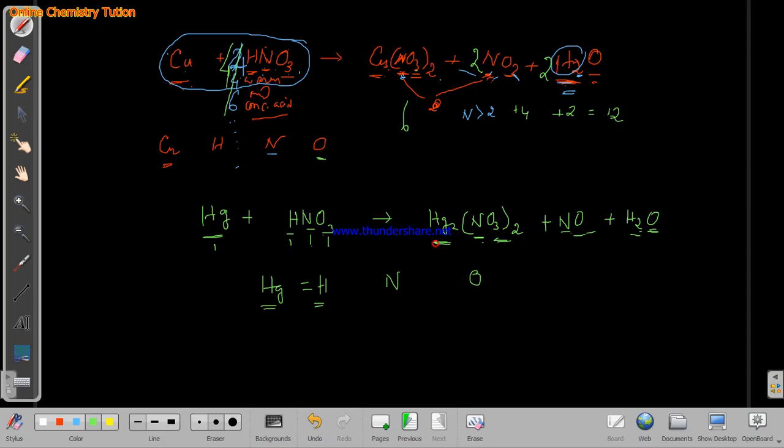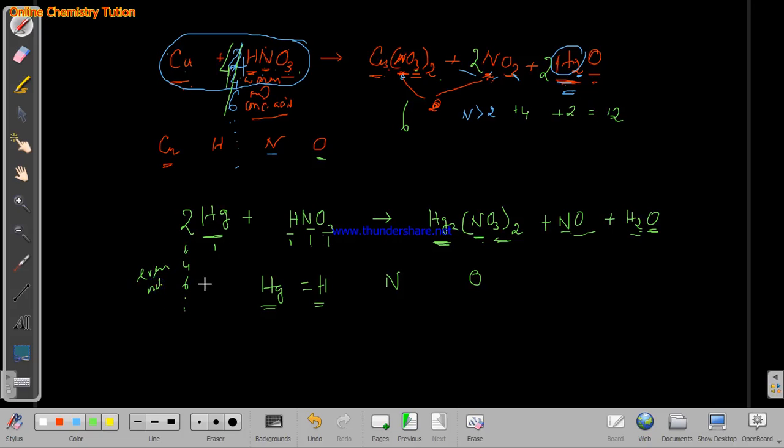Here 2 Ag atoms are present, here 1 Ag atom is present. So to make it 2, here 2 Ag atoms should be used. Or you have to use 4, 6 like that, even number.